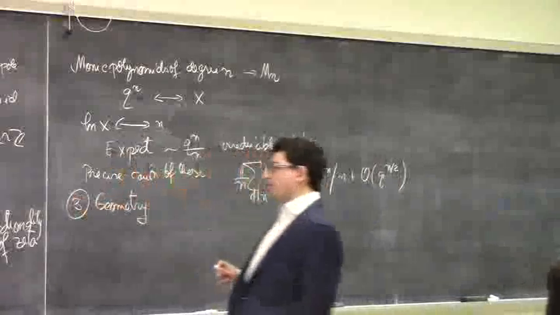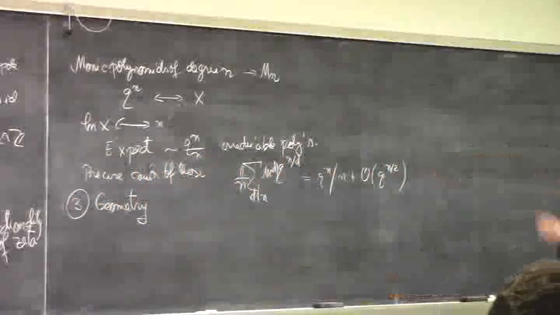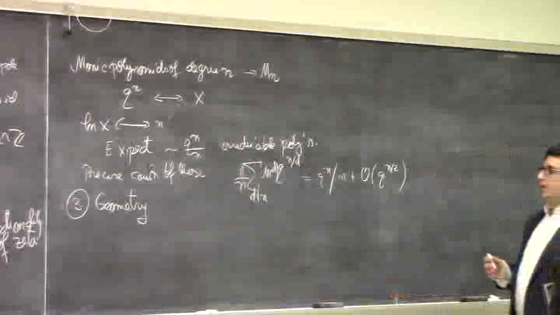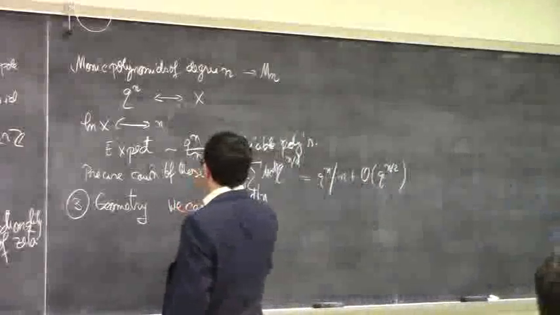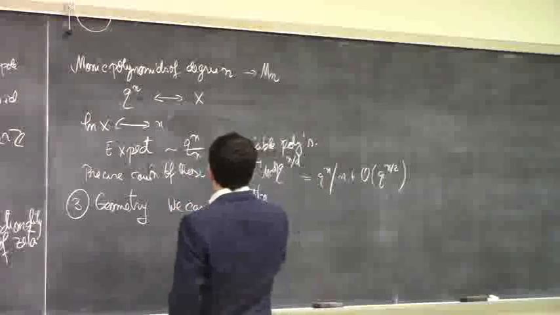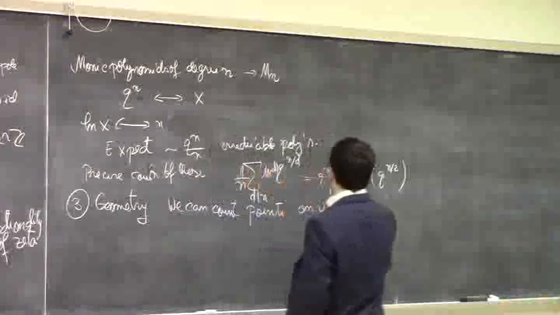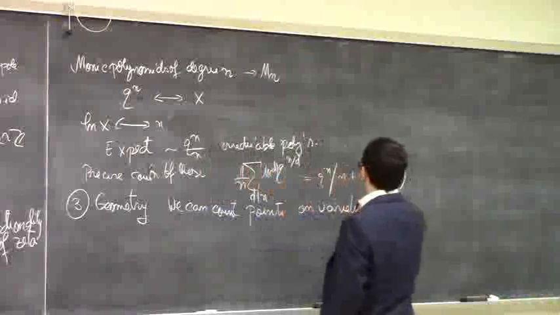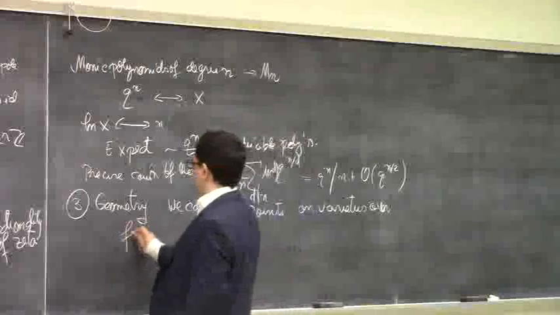If I go to the geometry, what I'm going to use, and I use mostly in my PhD thesis, is basically a counting formula. So we can count points on varieties over finite fields.